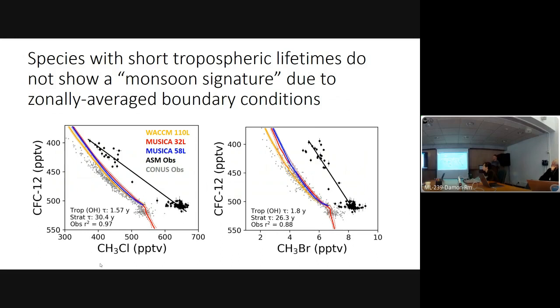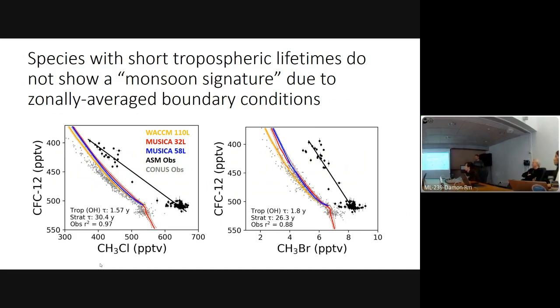For the longer-lived species, as we just saw, that doesn't lead to any problems because of their long tropospheric lifetimes. However, these two shorter-lived examples do not show really a monsoon signature. The observations over the monsoon are in black. The models are really missing that.